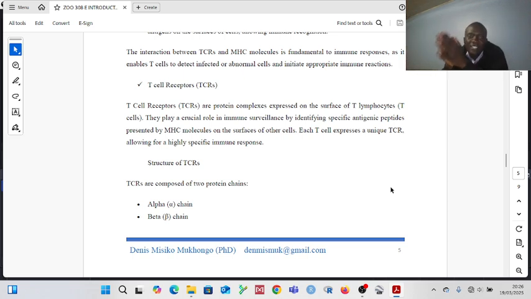Now, these peptides will have been presented by major histocompatibility complex molecules. And these peptides will have been presented by the MHC molecules on the surface of the cells.